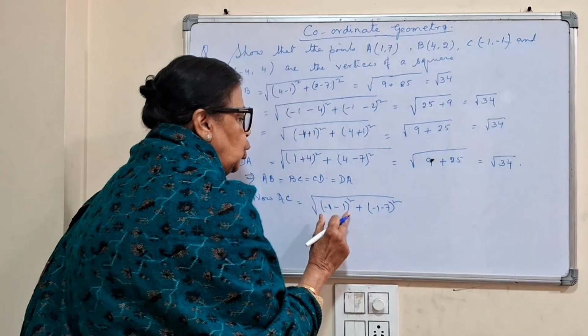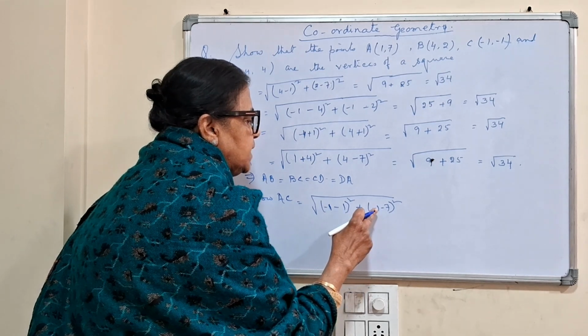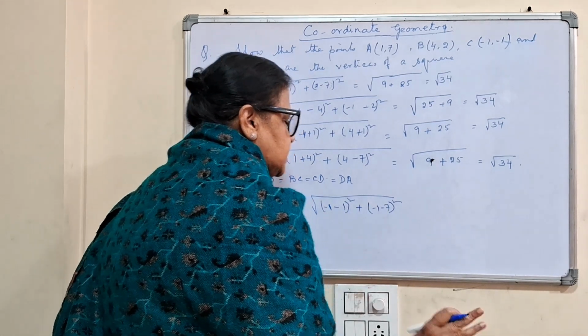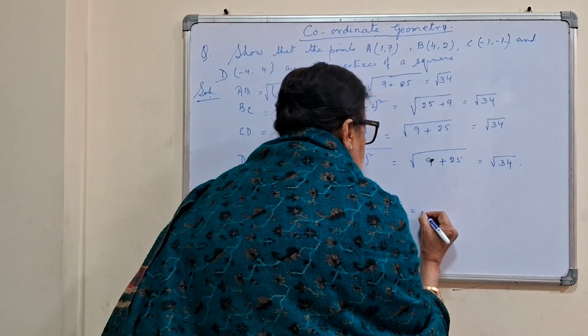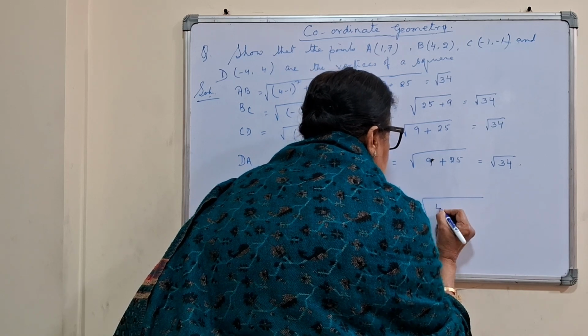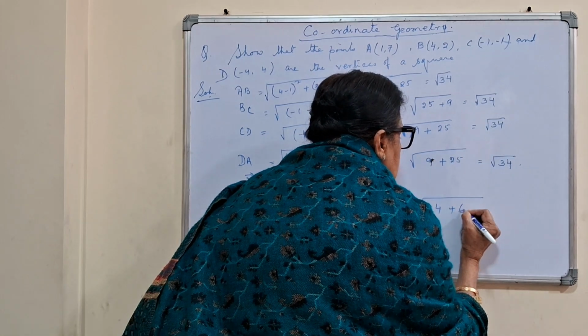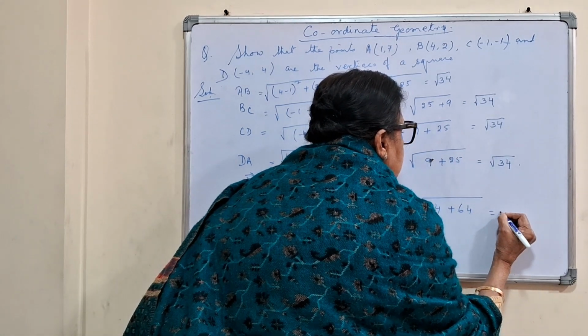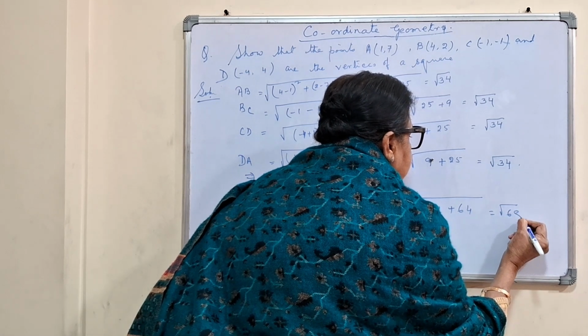That is 2 whole square, which is 4, and 8 whole square, which is 64. So it is the square root of 4 plus 64, which is root 68.